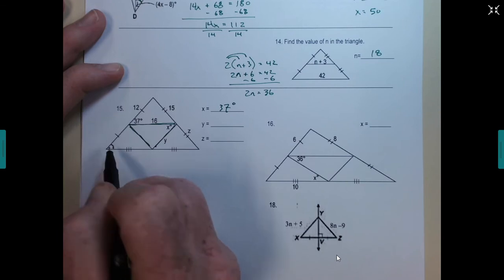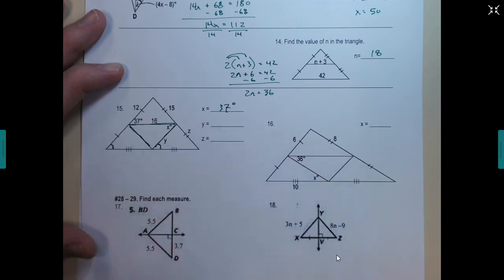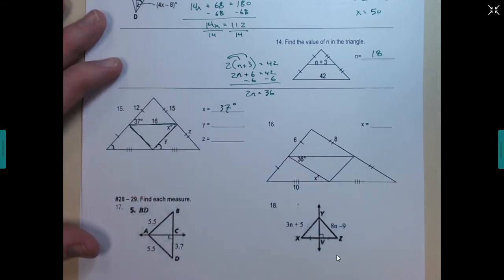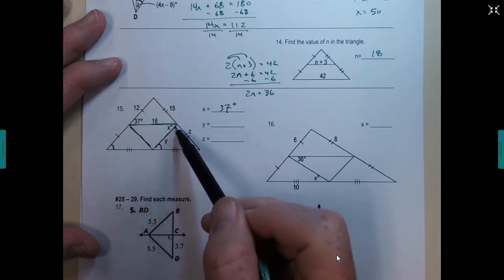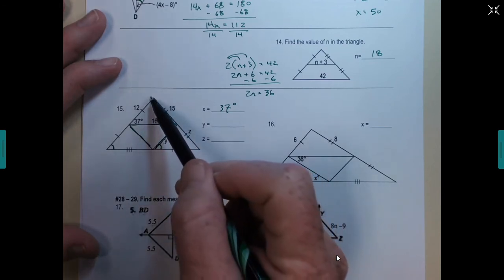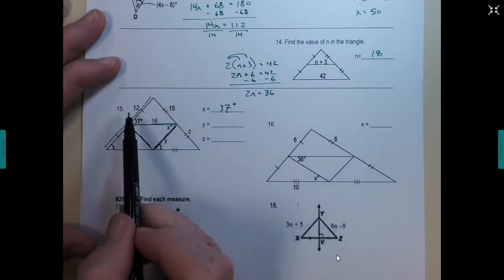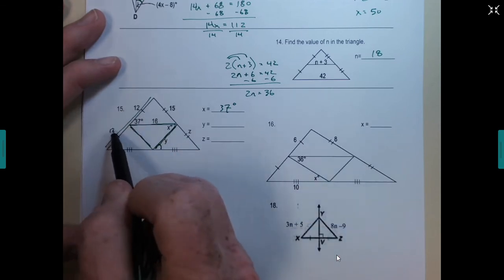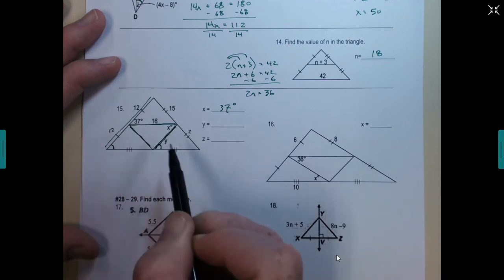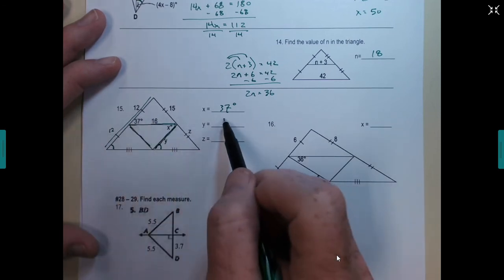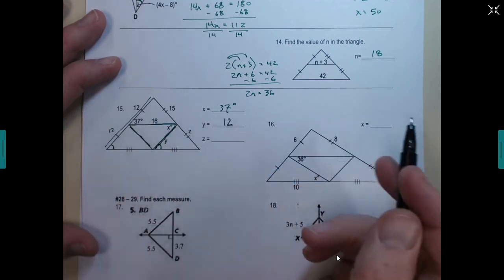That's 37. This would be 37. This would be 37 as well. So if I want to find y, this is a mid-segment for the third side that it doesn't touch. So this has got to be half. That side's 12. This would also be 12. The whole thing would be 24. y is just going to be 12.